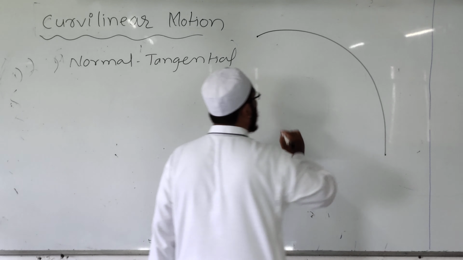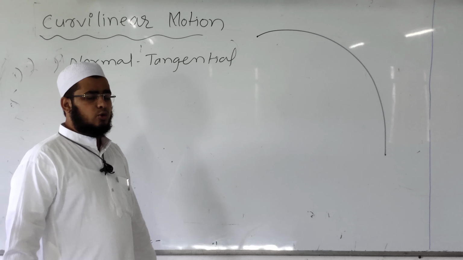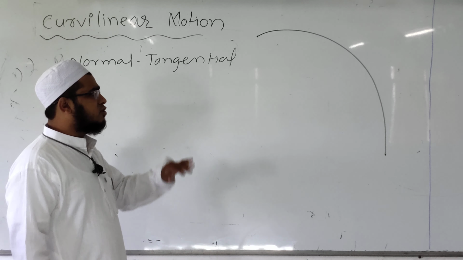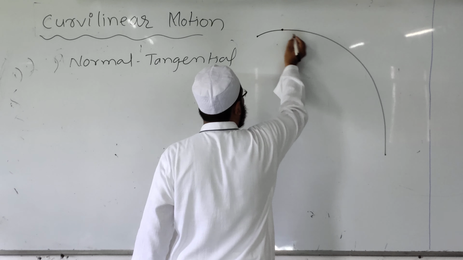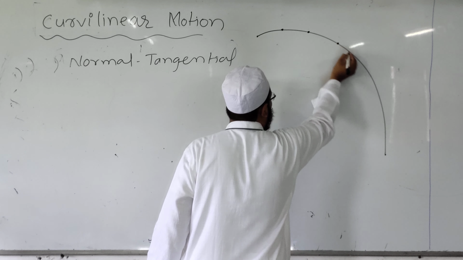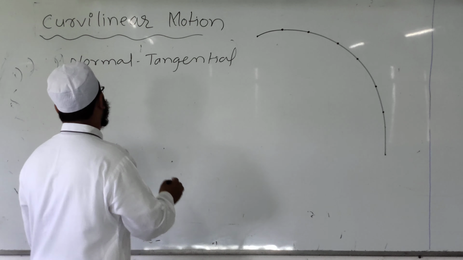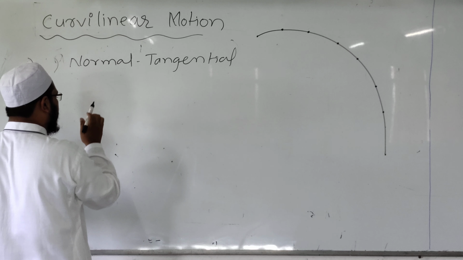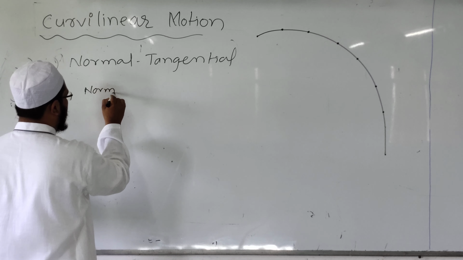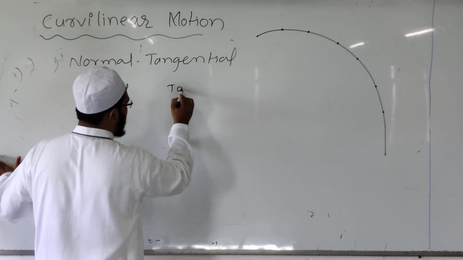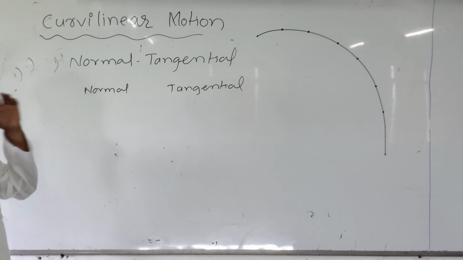Once the path is known, we can describe the position of the particle at a particular instant in terms of its normal component and tangential component. It is very easy. We will split the vector in the normal direction and the tangential direction.